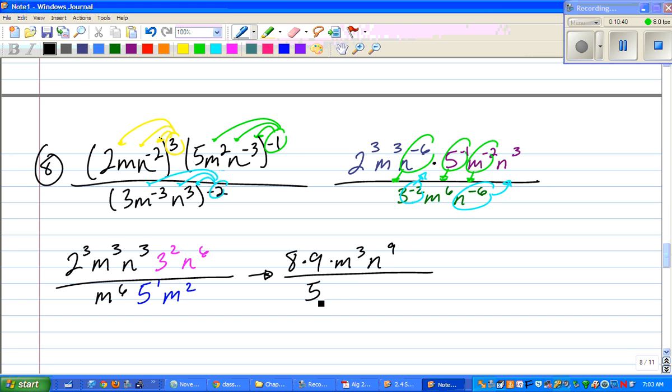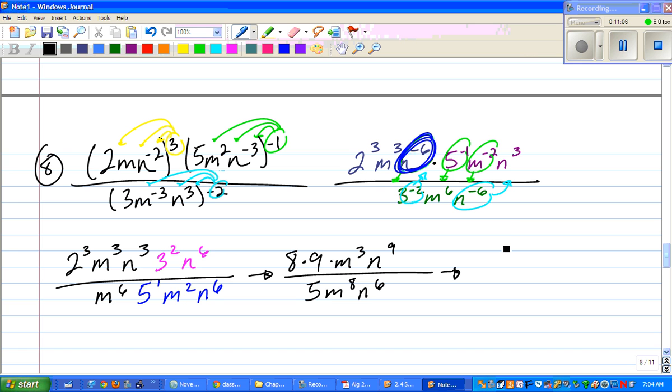On the bottom, we're left with 5, m to the 8th, and I forgot to move the n to the 6th that was right there. So that had to come down too. n to the 6th.